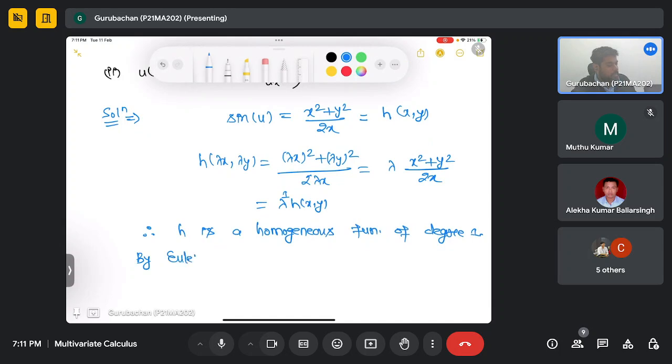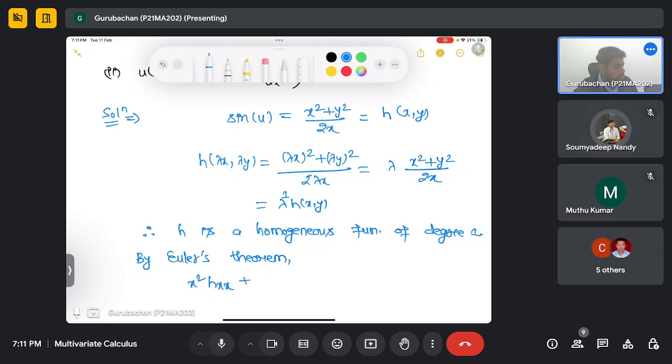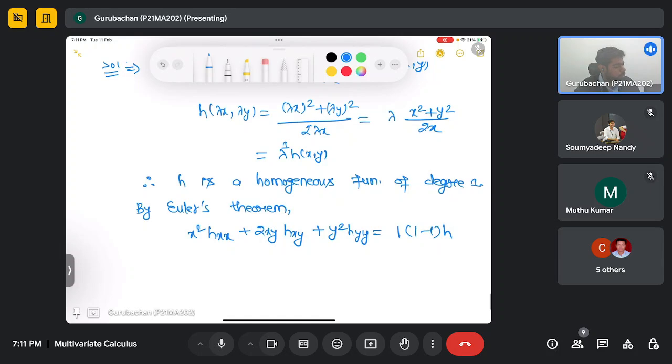What will we get by Euler's theorem? x square h_xx plus 2xy h_xy plus y square h_yy is equal to 1 times (1 minus 1) into h, which will be equal to 0.